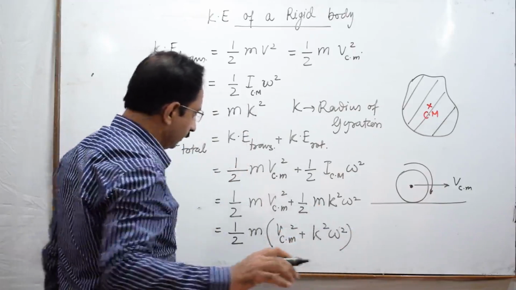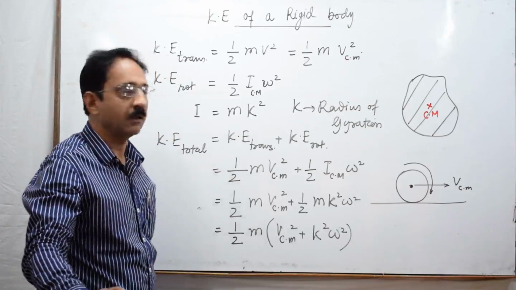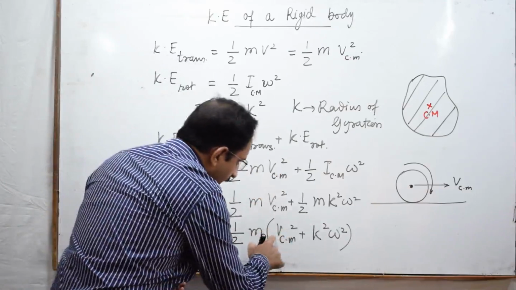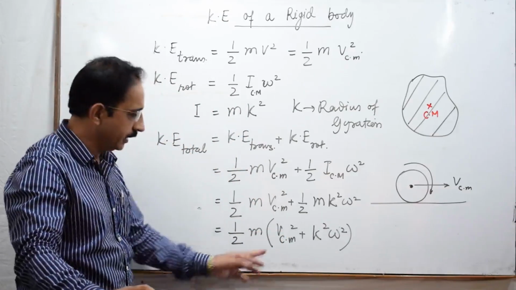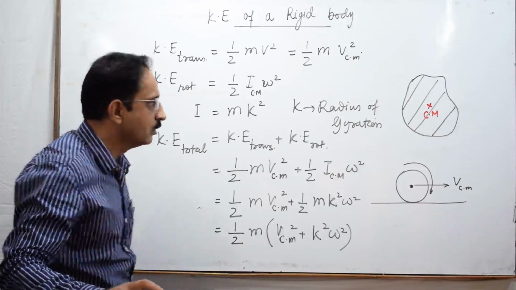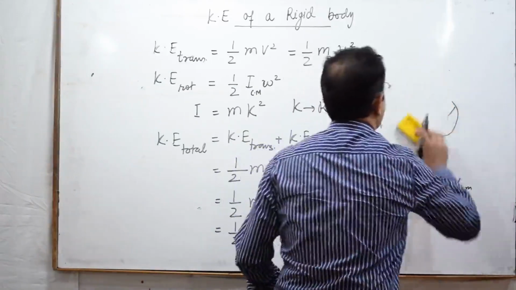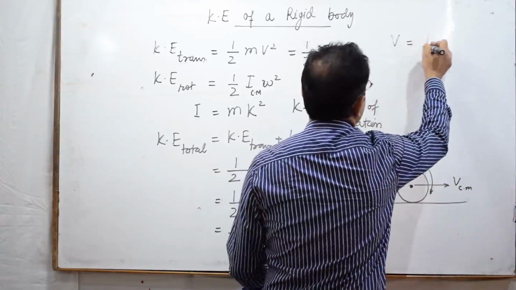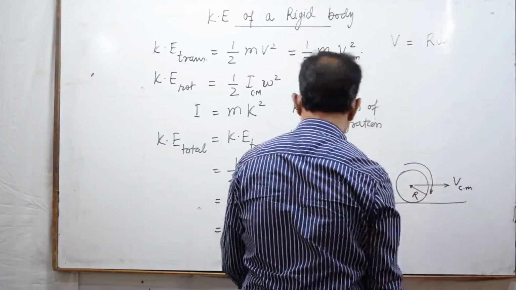So this way what we find is कि अगर अब ये रिजिड बॉडी एक ऐसा ऑब्जेक्ट है जैसे एक स्फीयर हुआ या एक रिंग हुआ, I have one more simplification in that case. What will be that simplification? That simplification will be कि मैं जो इसका VCM है, linear velocity of the center of mass, उसको मैं ऐसे लिख सकता हूँ. So I can call VCM as omega r. We remember the relation for rotation that linear velocity is equal to r omega. What's r now? R इसका radius है. That is the radius of this rigid body.